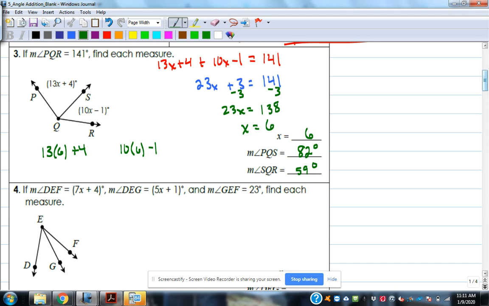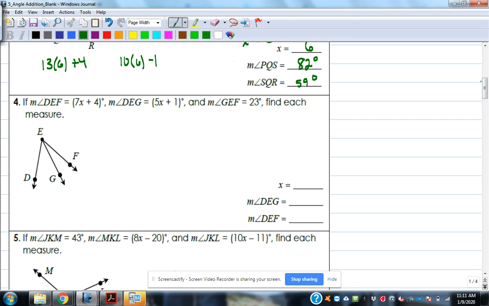Number 4. Angle DEF is 7x plus 4. The measure of angle DEG is 5x plus 1. And the measure of angle GEF is 23. Find each measure. Good job. Really easy setup. Work it out. 5x plus 24.